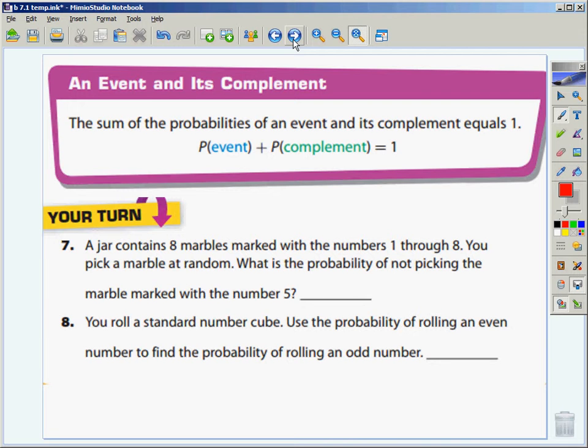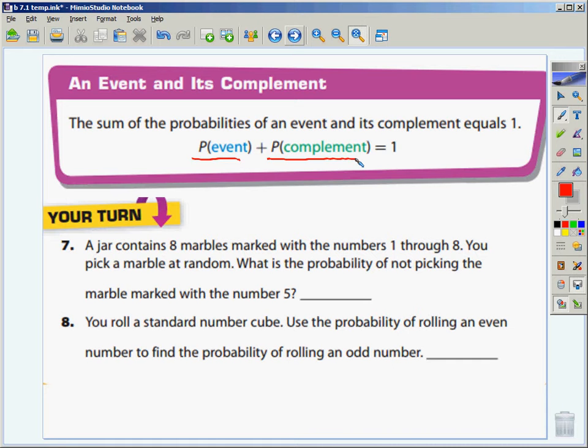When I take the probabilities of heads and tails and add them together, it always has a value of 1, which is what this is telling me. The probability of an event taking place plus the probability of not that event, which is what the complement is, anything but that event, always adds up to 1.